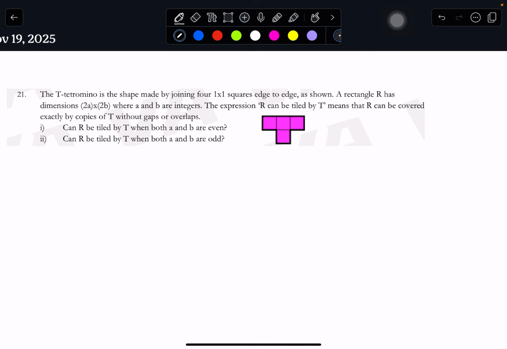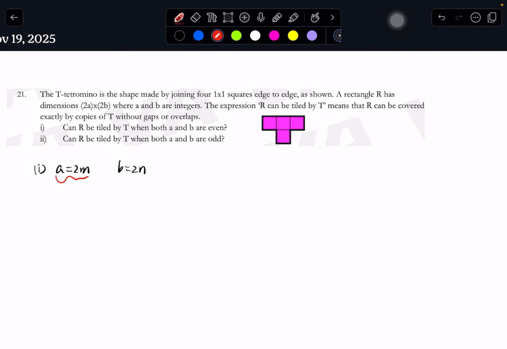As we can see, a and b are both even, right? So under these conditions, we just let a equal 2m and b equal 2n. That's the extra condition we are given in the first problem. So firstly, we write a equals 2m.